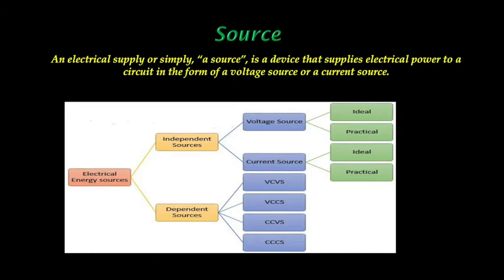Based on the relation between output and the circuit parameters, there are two types of source, independent source and dependent source. The independent and dependent source means whether the voltage or current source are either depending upon some other source or they are acting independently.